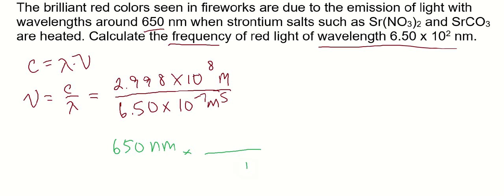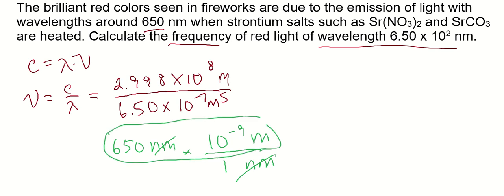We need a conversion factor that has nanometers on the bottom, and the desired unit, meters, on the numerator. 1 nanometer is equal to 10 to the negative 9 meters. And you can just put that number up there. You didn't have to move the decimal. 650 times 10 to the negative 9 is going to give you the same answer.